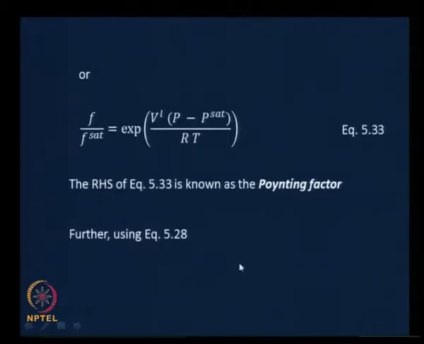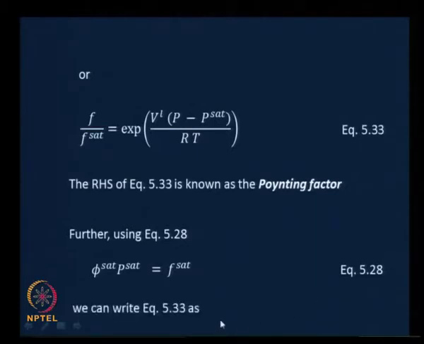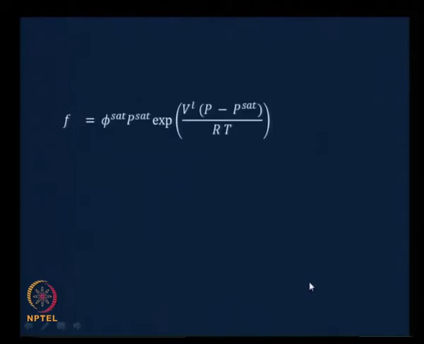Further, using equation 528, phi sat P sat equals F sat, and this is again for a pure substance. So, phi sat P sat equals F sat is valid here. This was 528. We can write 533 as F equals phi sat P sat exponential of VL (P minus P sat) by RT.